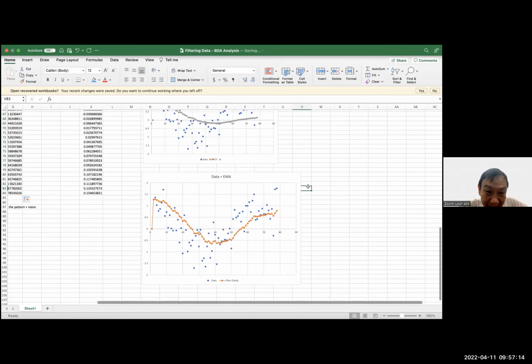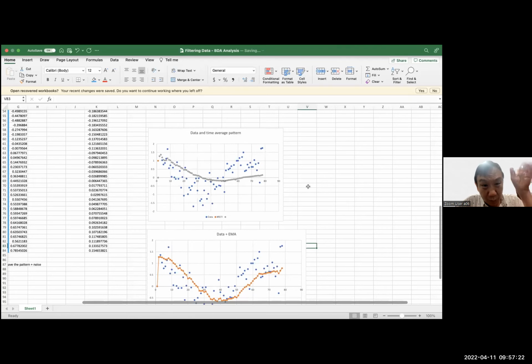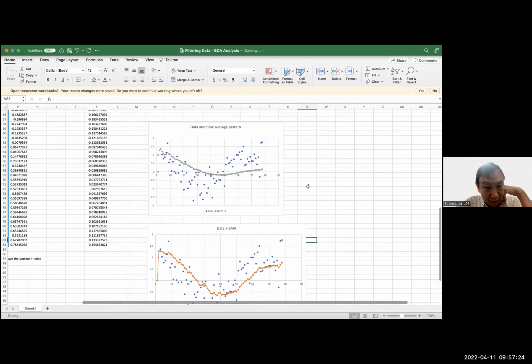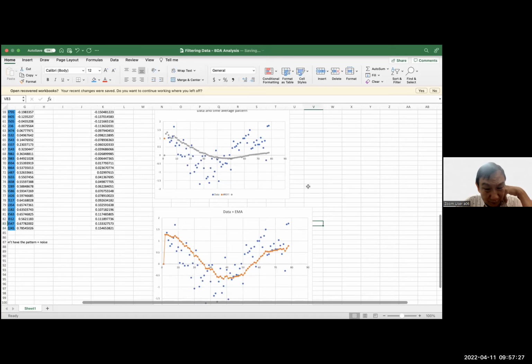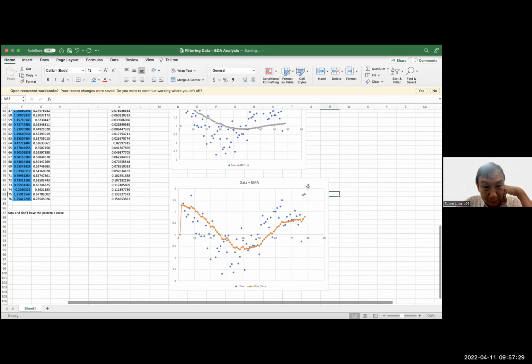Now it's better. Your EMA represents a pattern similar to the time average, but closer to your data. Correct? Your first point is a little bit strange, but anyway, you get the pattern out of your data, isn't it?